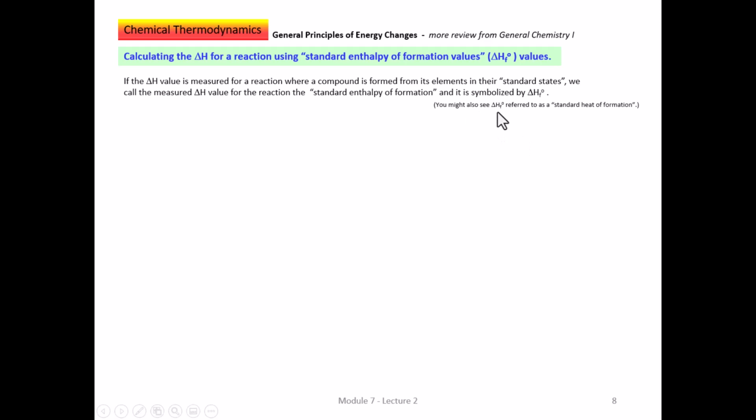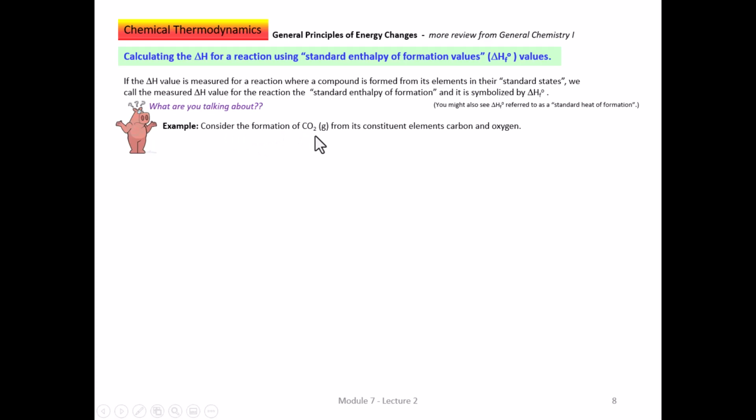You might also see these values referred to as standard heats of formation. You would justifiably say at this point, what are you talking about? Well, let's just do an example and show you.